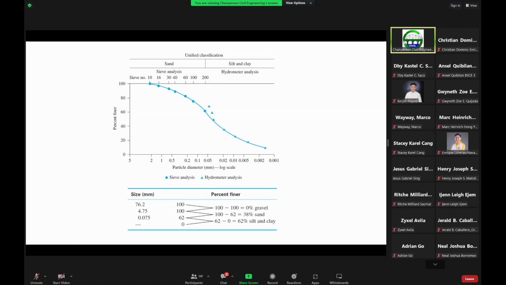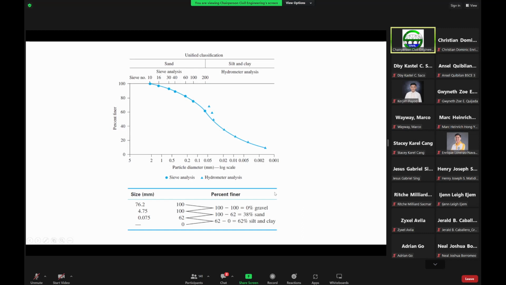Depending on which one is the majority material, if the majority is silt, then this can probably be a sandy silt. Or if the majority is clay, then this can probably be a sandy clay, for example, in the USCS classification system. I think that will be our next topic.